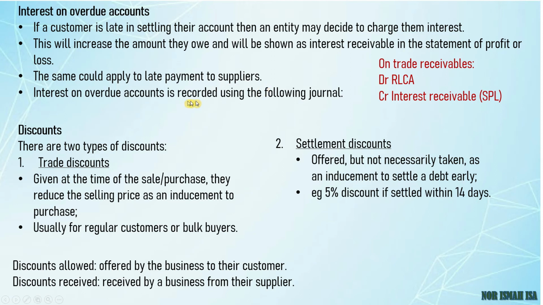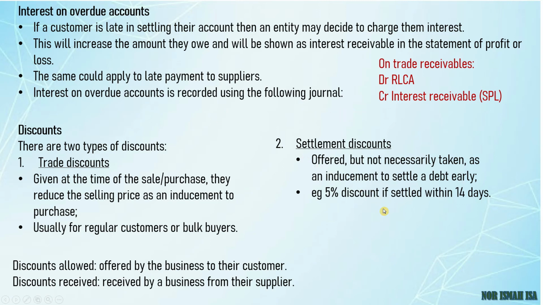Interest on an overdue account is recorded using the following journal: you will debit receivable ledger control account to increase the debt and credit interest receivable. This is in the statement of profit or loss, so this is an increase in income for the business.